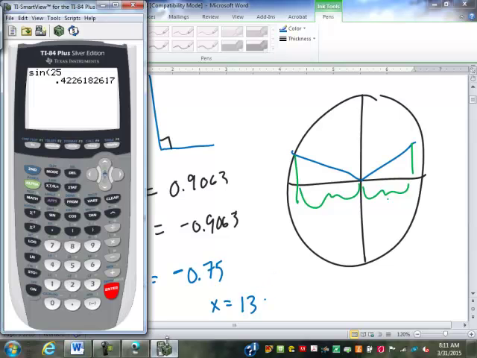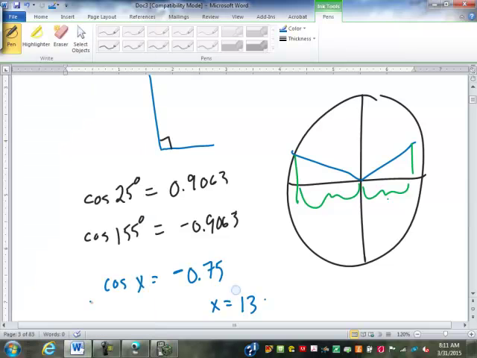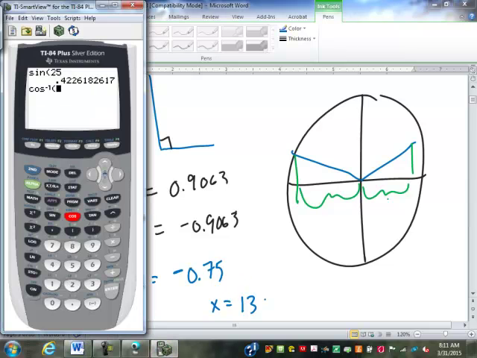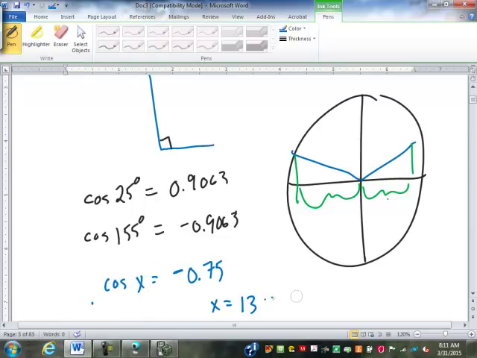Hmm, that seems a little off. Oh, you're right, 138.59. On your calculator, put in the negative. Remember, you don't use the subtraction key. There's a negative key down there, down by the equal sign. If I use my subtraction, it will not work.